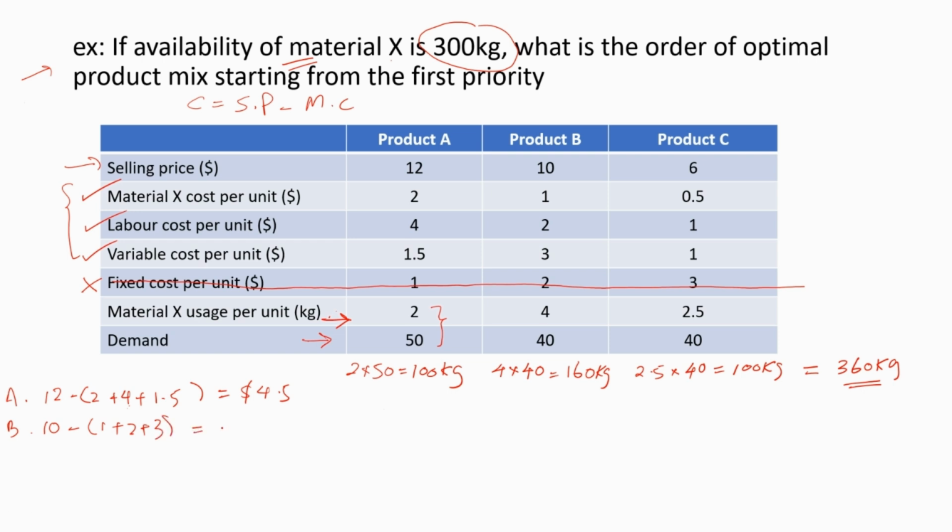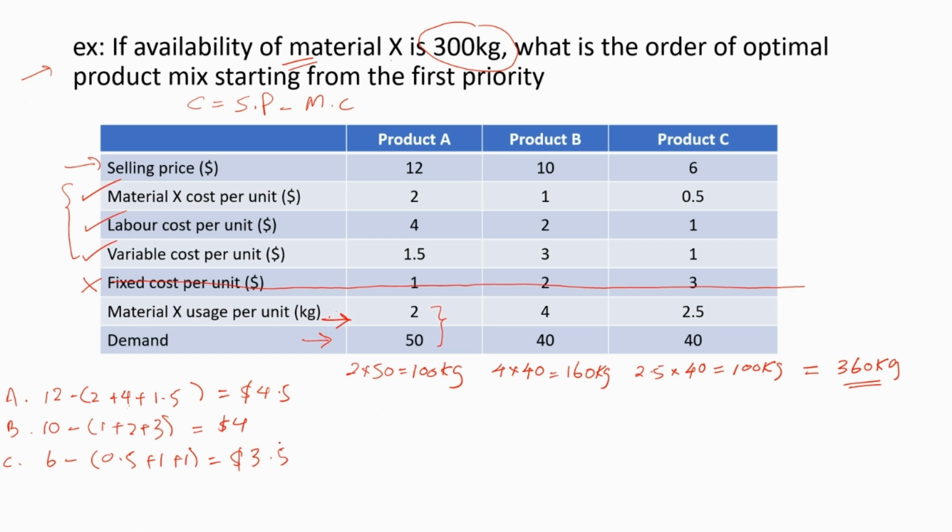This is equal to $4. For product C, the selling price is 6, minus 0.5, minus 1, minus 1, which equals 3.5. We just calculated the contribution per unit for each product.